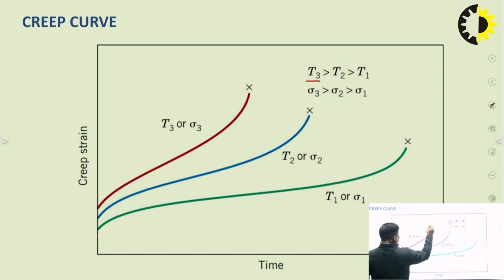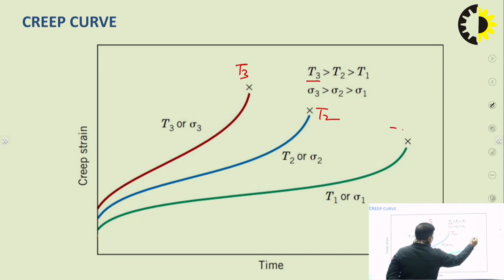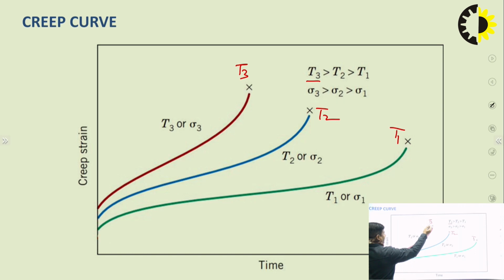This is the T3 curve, suppose this is T2 and this is T1. T3 is the highest temperature here. It starts at a little higher side, then lower, then again much lower temperature. So the starting point itself is different for them, and the behavior is almost the same.